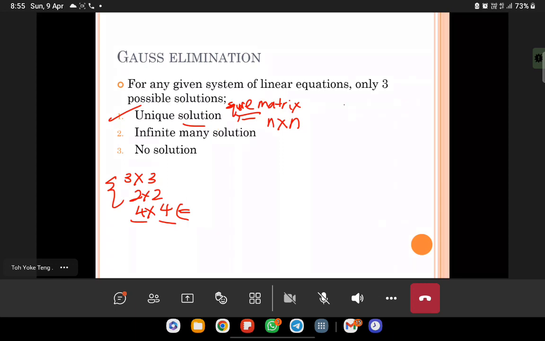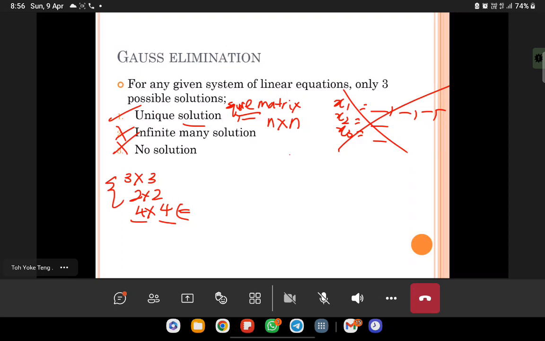What is the unique solution? It means you are only able to get one value for each variable. Infinitely many solutions, where you can get more than one solution, is not in our syllabus, and no solution is not in our syllabus also. So you only get one value for each unknown.